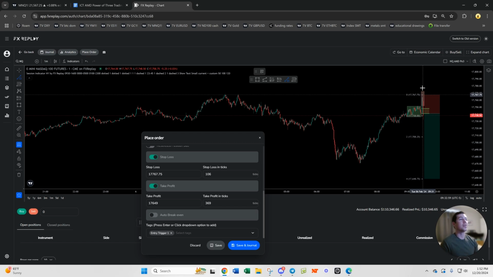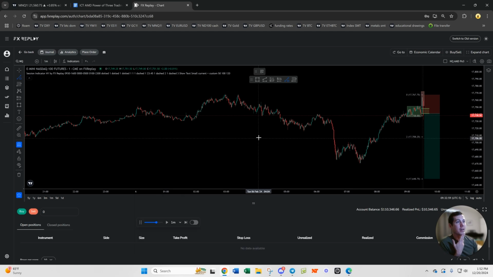The only thing you consider here is we didn't sweep this overnight high. And if you're looking for SMT divergence, maybe you saw the ES, the S&P, or the Dow, YM, maybe they swept this high and New York didn't, so that could be potential SMT divergence. That could classify this as a reversal.